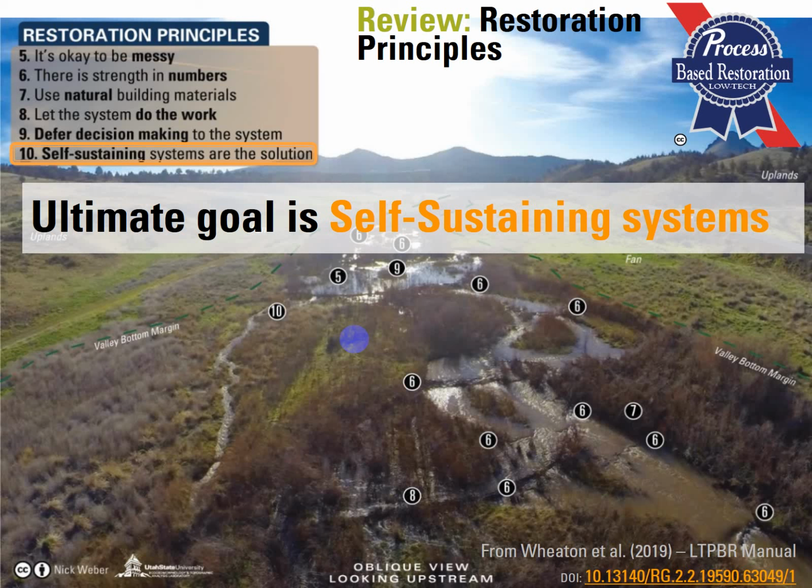So it's okay to be messy. There's strength in numbers. Use natural building materials. Let the system do the work. Defer decision making to the system, and keep your eye on that ultimate goal of a self-sustaining system. Okay, so that is the conclusion of the principles talk.